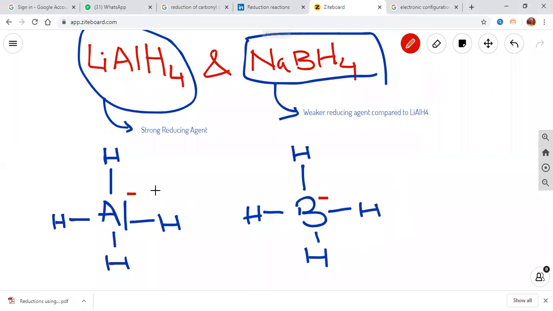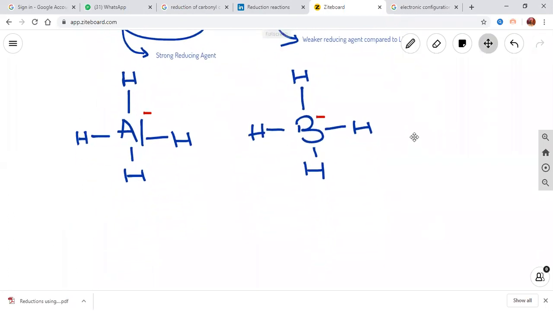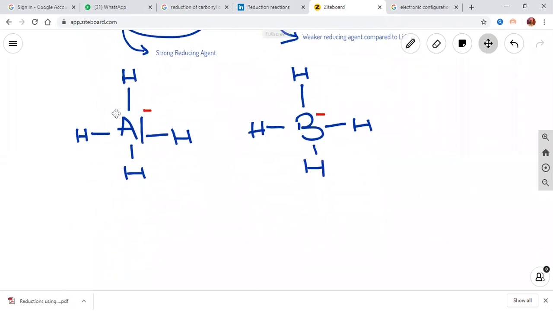Now, till now it looks similar. So what is the difference? Where is the difference? Aluminium is less electronegative than boron. You can write here: aluminium is less electronegative than boron.